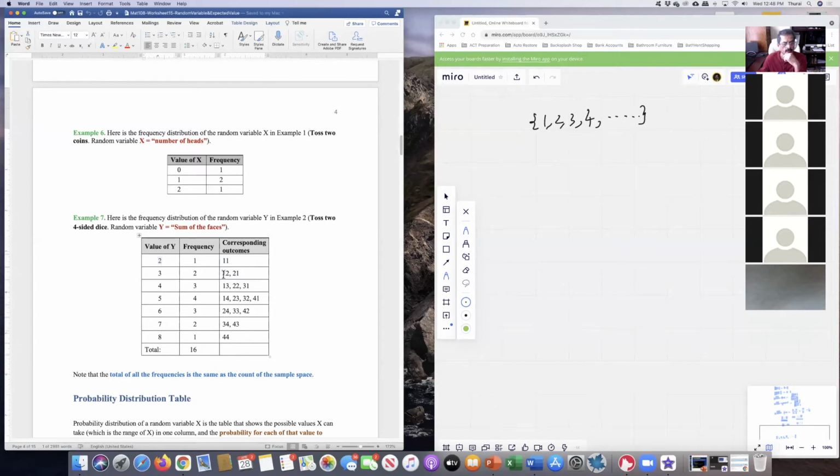The outcomes 1,2 and 2,1 both give you value 3. And outcomes 1,3, 2,2, and 3,1, three outcomes, give you the value 4. So the frequency of 4 is 3. Frequency of 3 is 2. Each value has a different frequency.